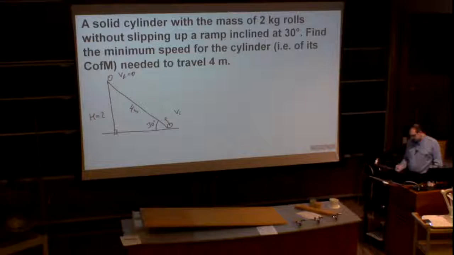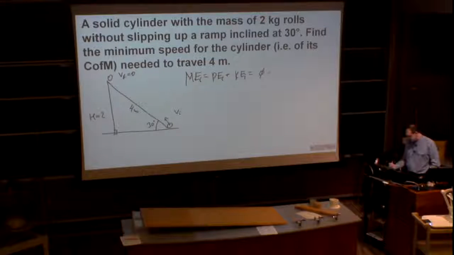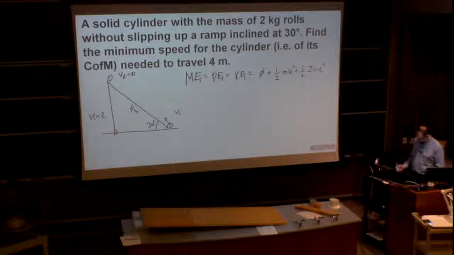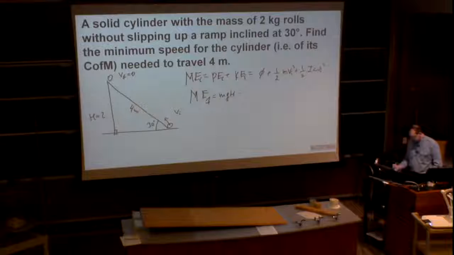Now, initial mechanical energy will be equal to initial potential energy plus initial kinetic energy, which is equal to 0 plus 1/2 mv squared initial plus 1/2 I omega initial squared. And now mechanical energy final will be equal to mgh plus 0 kinetic energy. It stops there.